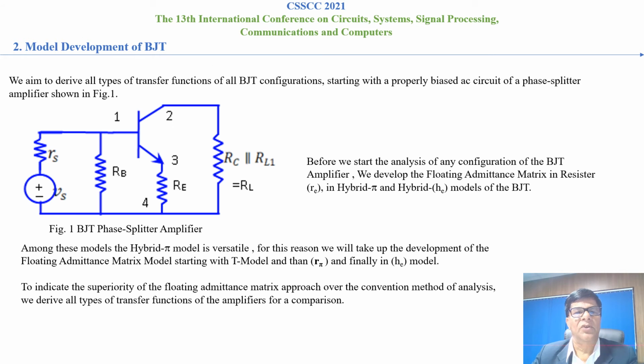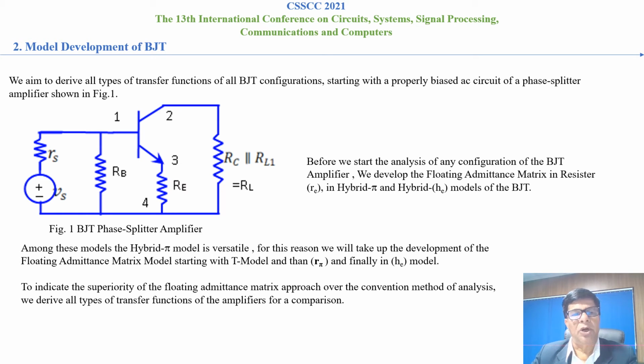Next. We aim to derive all types of transfer functions of all the BJT configurations, starting with a properly biased AC circuit of a phase splitter amplifier shown in figure 1. Before we start the analysis of any configuration of the BJT amplifier, we develop the floating admittance matrix in the RE, hybrid pi and hybrid h-e models of the BJT.